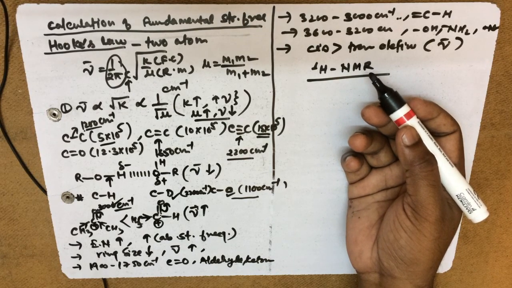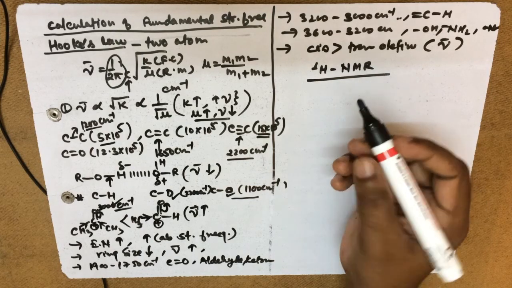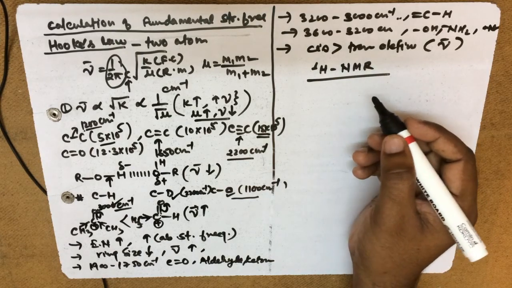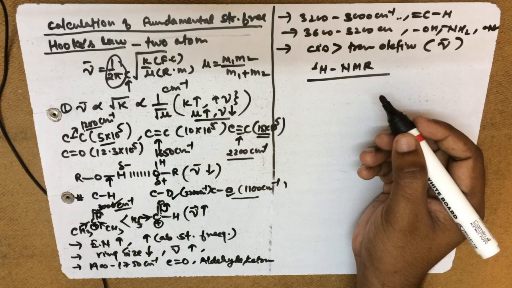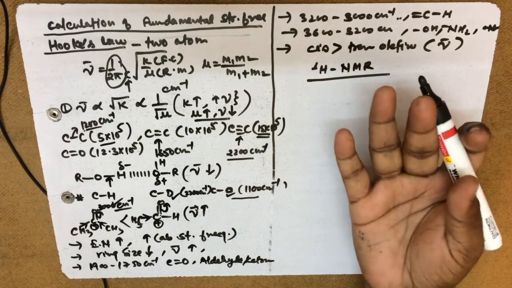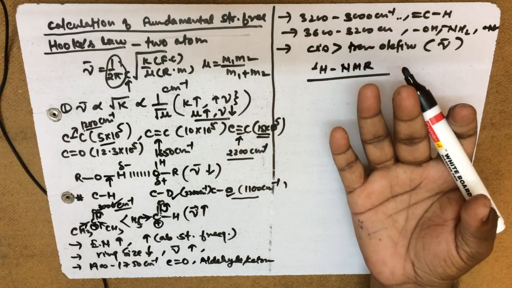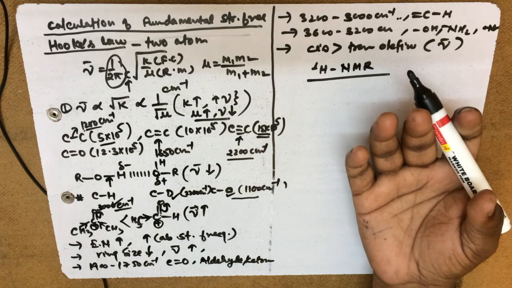So here the sample also absorbs electromagnetic radiation, okay, in the region of 3 megahertz to 30,000 megahertz. So here the molecule undergoes nuclear magnetic transition between magnetic energy levels of the nuclei in the molecule, okay.